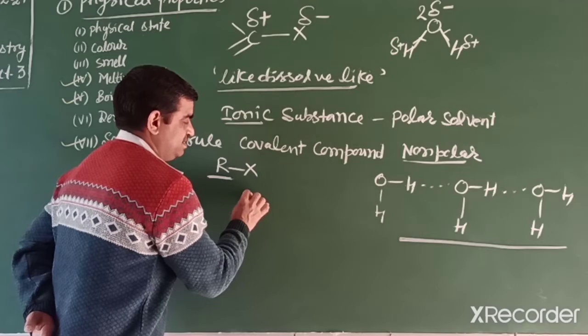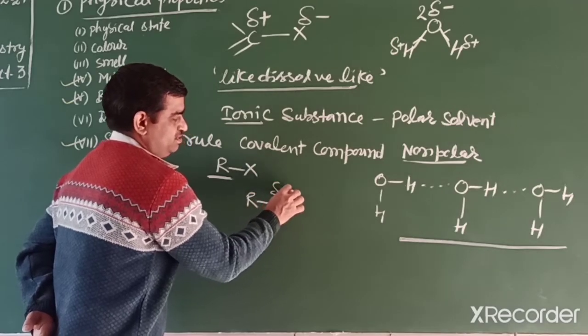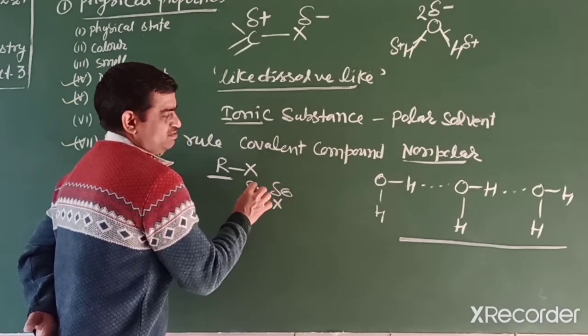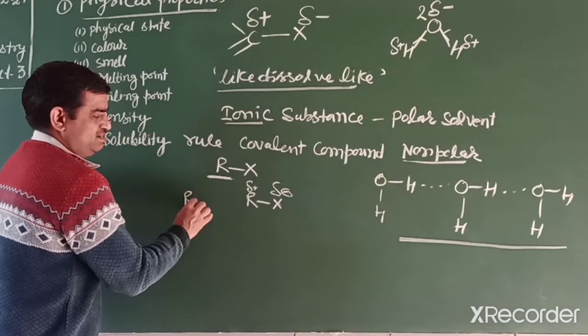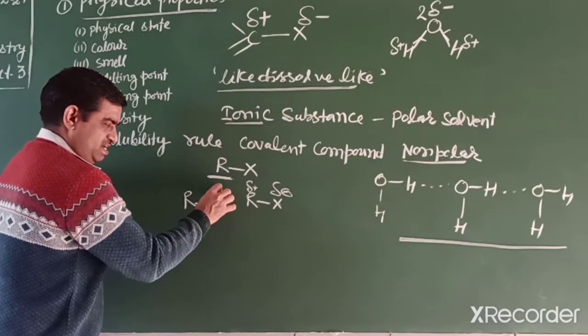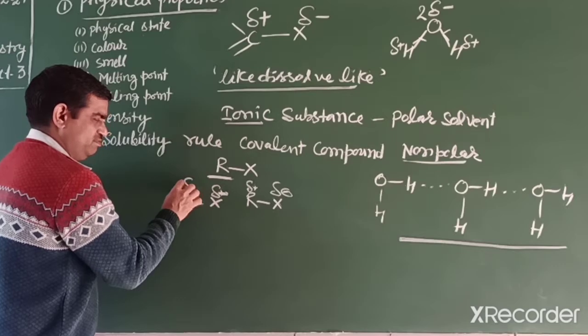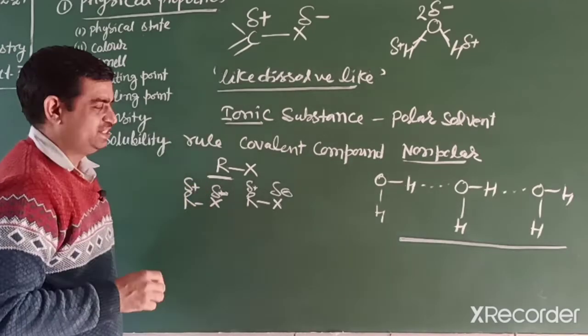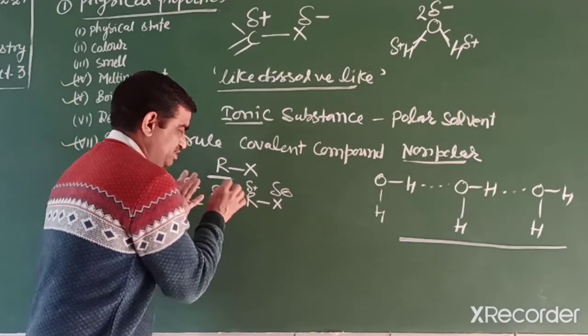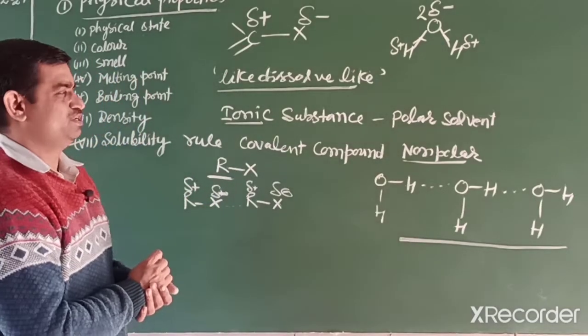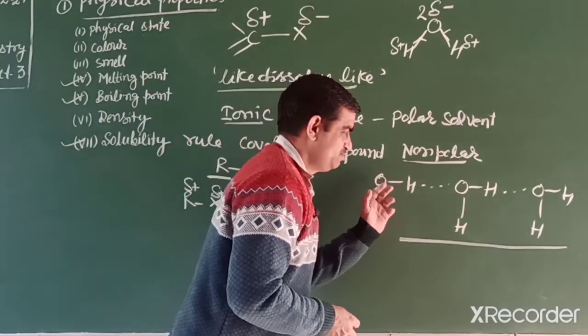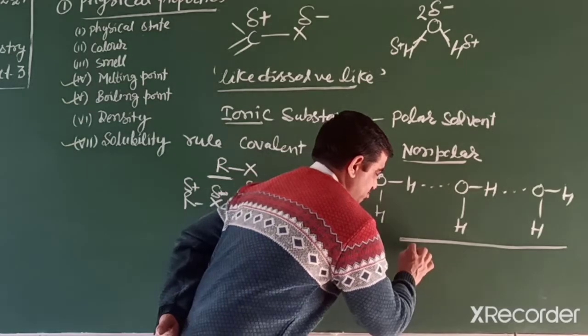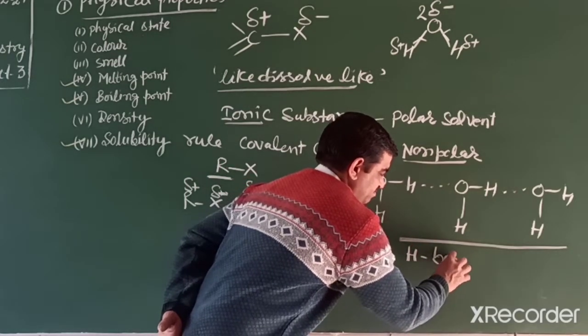In alkyl halides there are also partial charges, so there is dipole-dipole attraction between the alkyl halide molecules, with partial positive and negative charge. But between water molecules there is intermolecular hydrogen bonding.